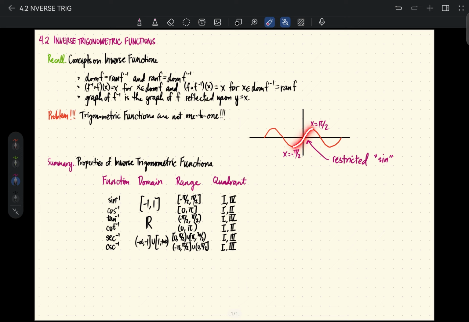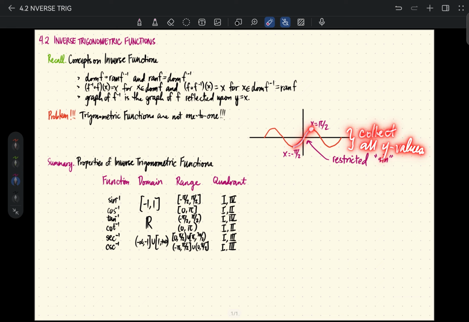They chose this segment since we are able to collect all y values. And in this part, each y value corresponds to exactly one x value.